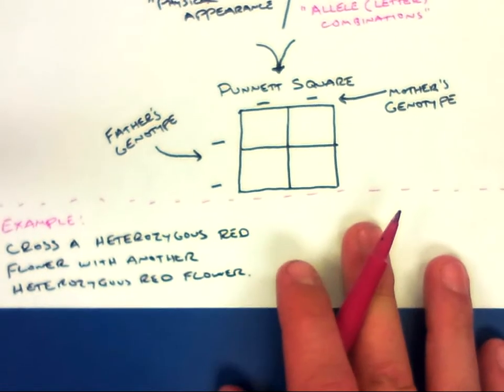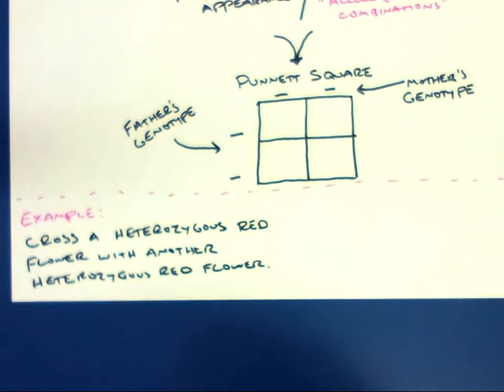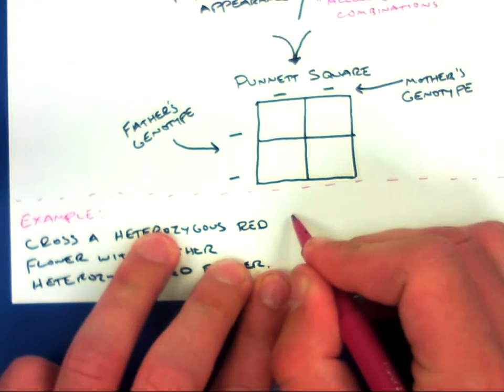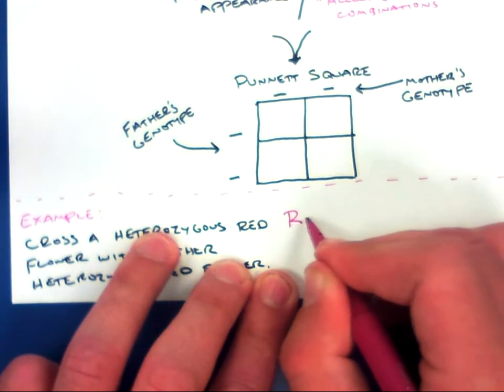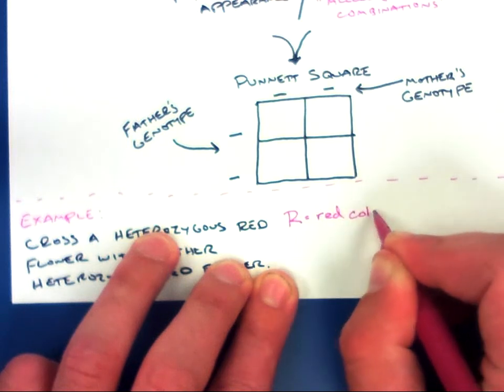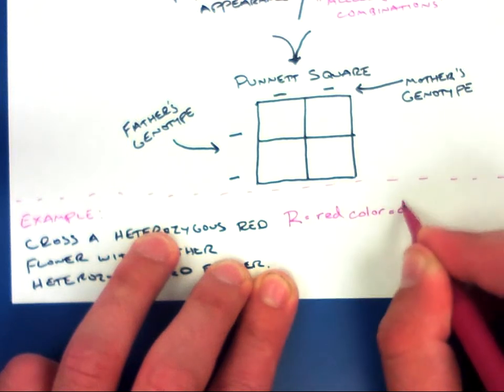And when we're doing this, there's two colors always involved. You're going to have two things involved. So we're going to use R's for it. So capital R equals red color, which is the dominant trait.